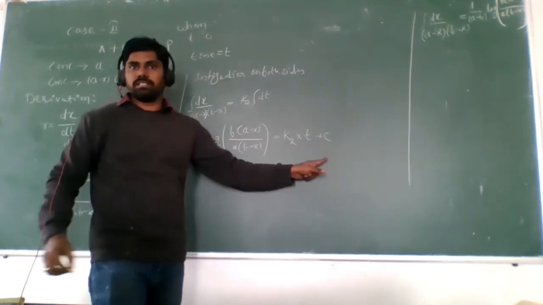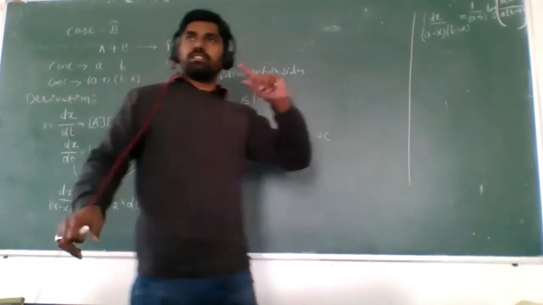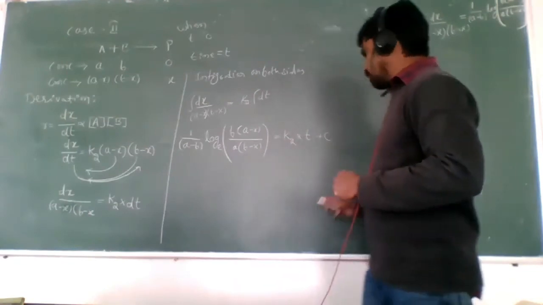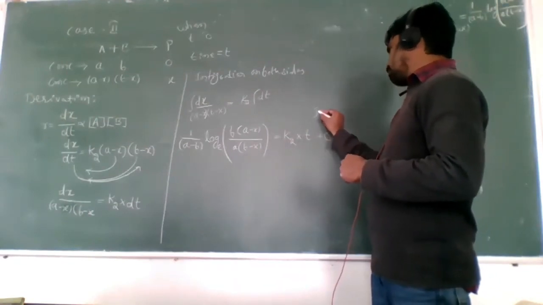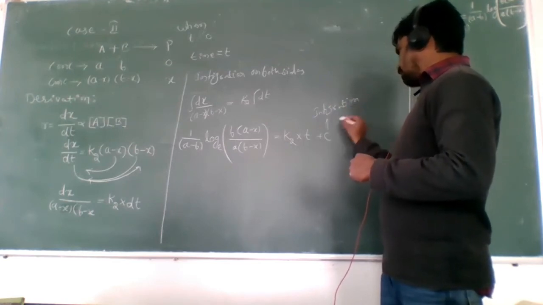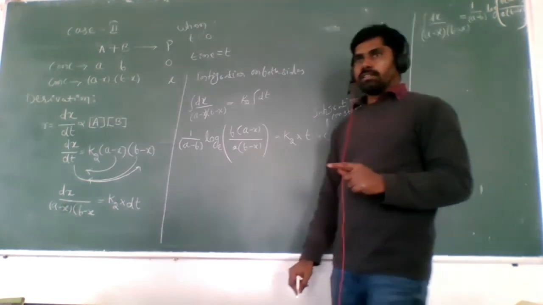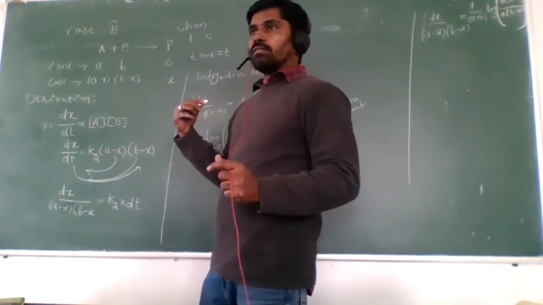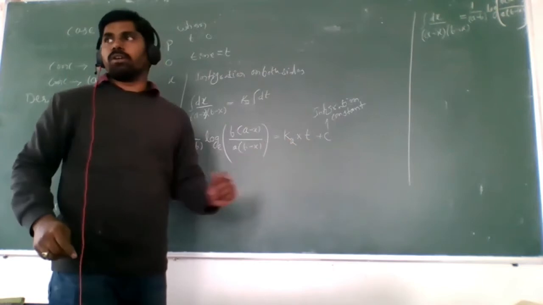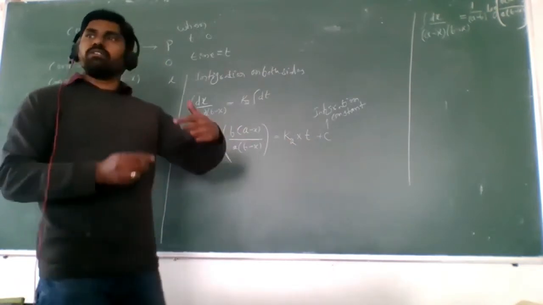C is the integration constant. Integration and derivation may cancel, after that we get one constant, the integration constant. That is a constant value, so I am only taking k2 into t. I am not taking it in the next step. Constant means you can think of it as zero.